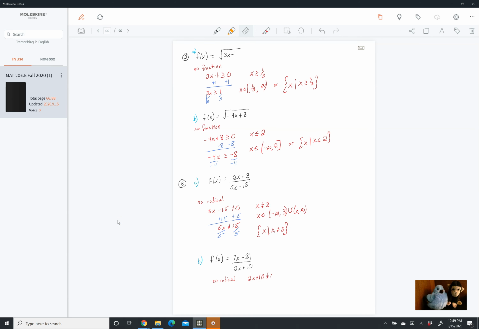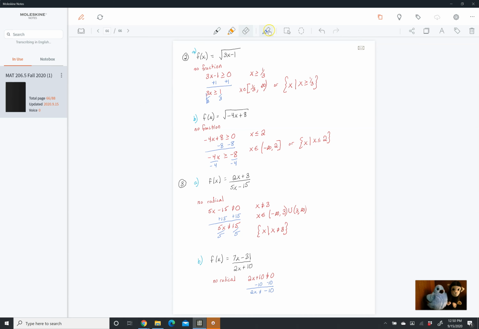So that's a not equal to. Then we just solve it like any other inequality. Subtract 10 from both sides. 2x is not equal to negative 10.